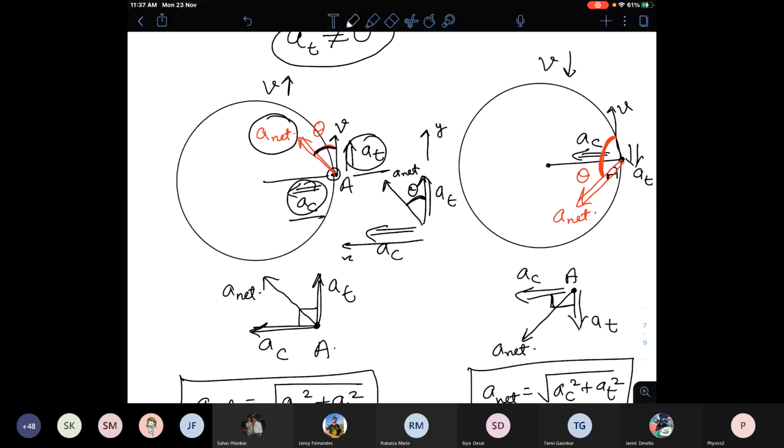Now just imagine you start to reduce a tangential. You start reducing the value of a tangential. A tangential now becomes smaller like this, so you can see that the net acceleration will be somewhat like this. The angle has increased from the previous case. Suppose your a tangential now becomes like this, then the net acceleration will come out in this direction.